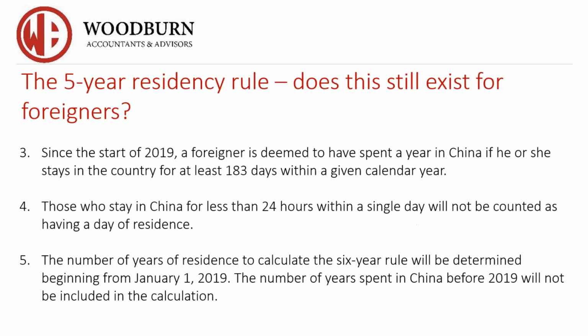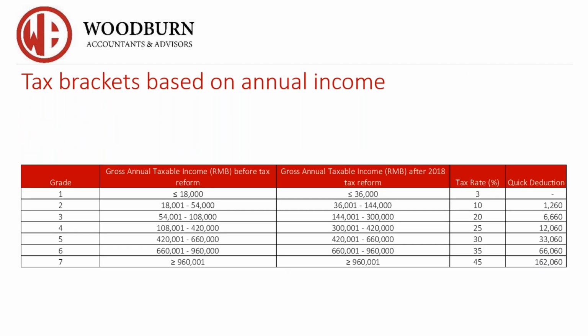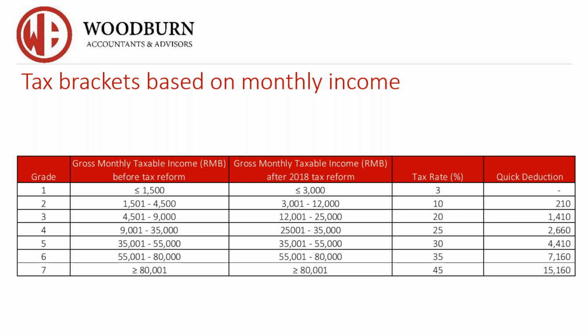Let's go back to the table so I can highlight it to you. We're going to look at the monthly income table. If you're earning 19,000, you fall under category 3.